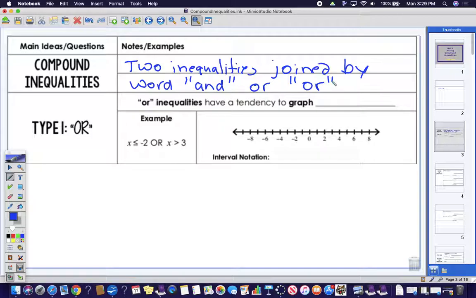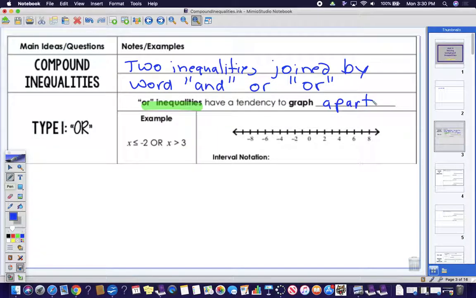And so what we're going to look at are these two types of inequalities. One where we join the inequalities with the word or, and the other where we join two inequalities with the word and. Now, or inequalities have a tendency to graph apart, so the two graphs will be going separate ways.